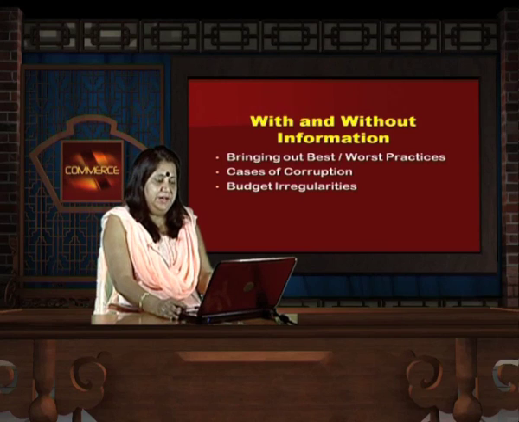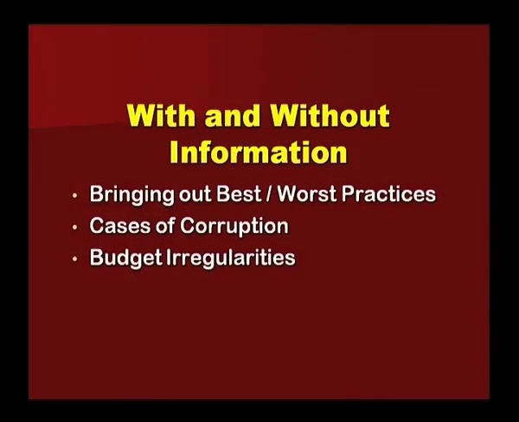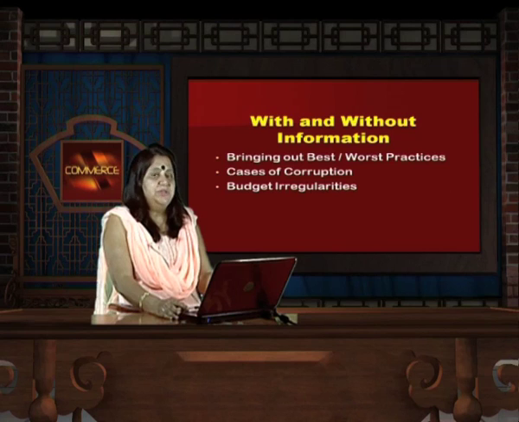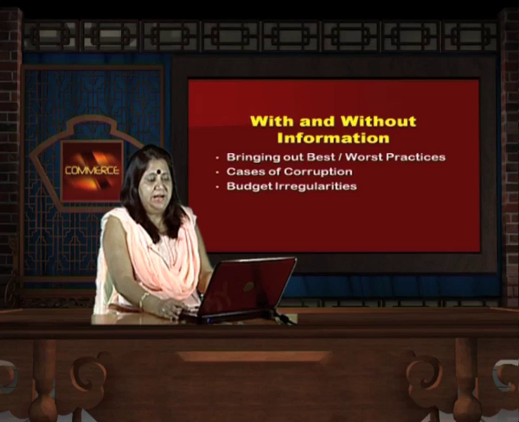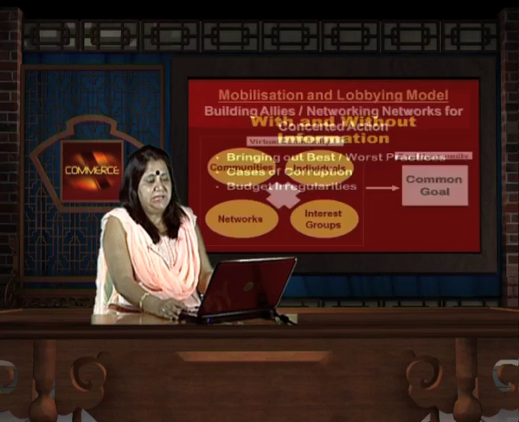With and without information is bringing out best and worst practices, cases of corruption and budget irregularities. So, these are the private and the public domains which generally give you the information regarding the corruption and the irregularities which are happening in the society.